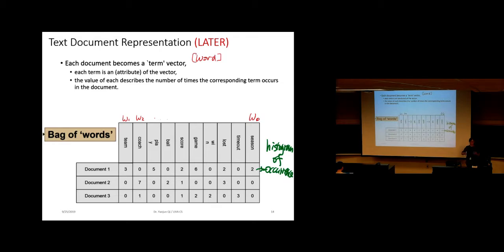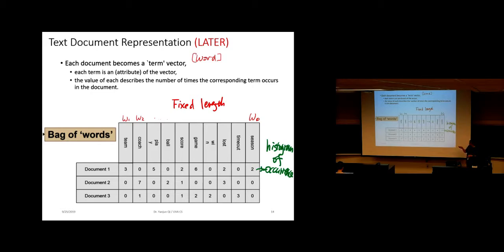And this is fixed, which means it's fixed length. Assuming I only use the top 30,000, this gives you a fixed x1 to xp feature variable representation.